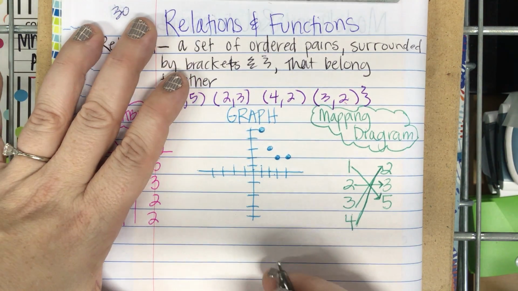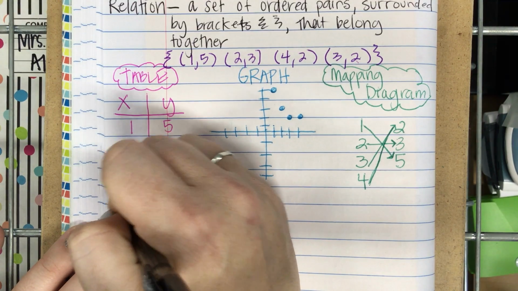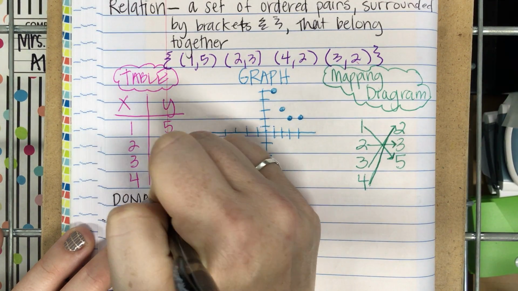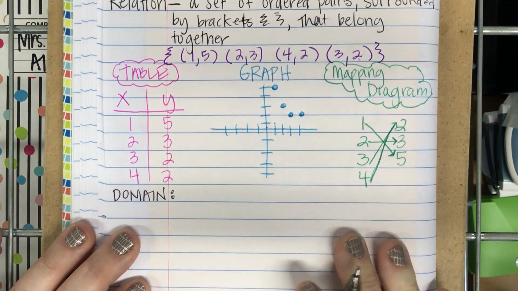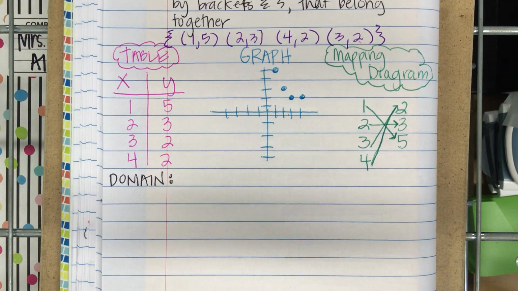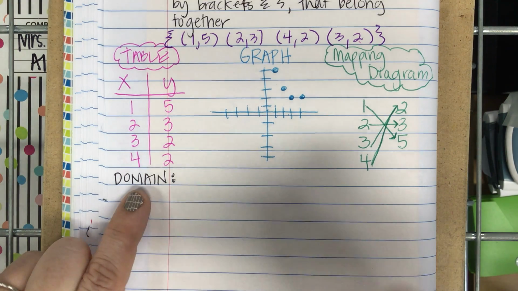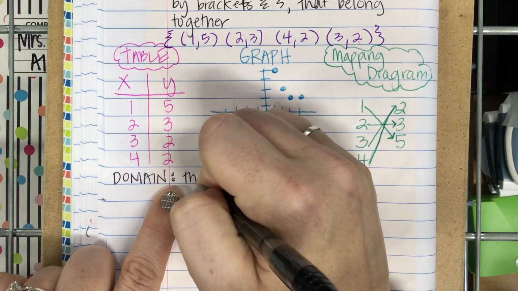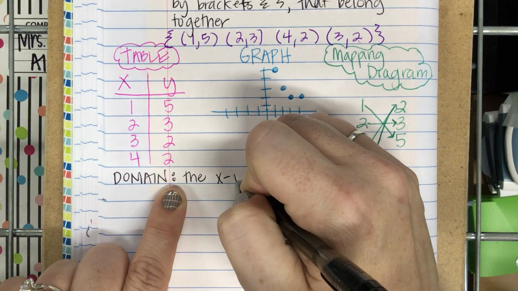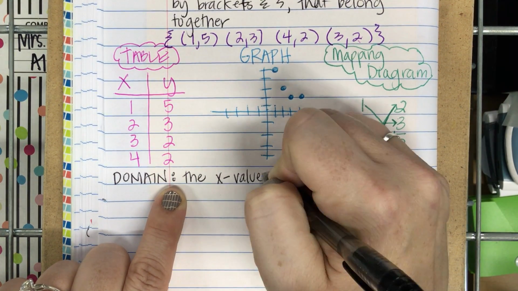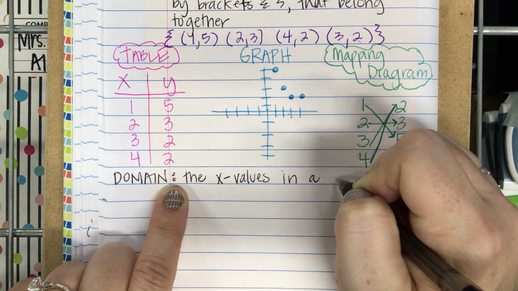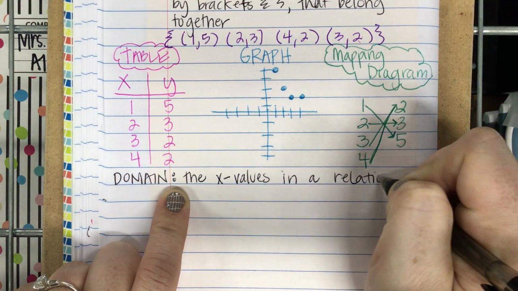Inside of a relation, I may ask for the domain. I may say, hey, here's a relation. Bam. Tell me the domain of this relation. And the domain is the x values in a relation.